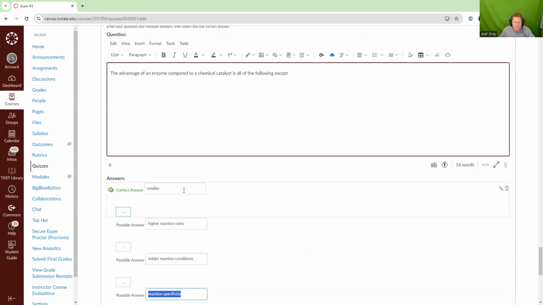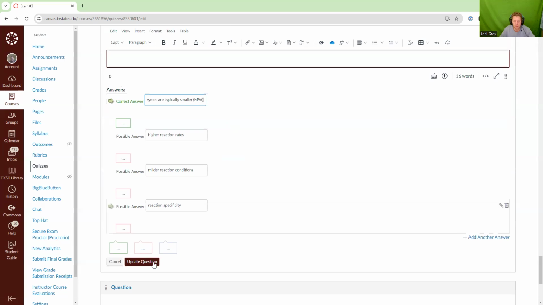Now, I'm going to make a modification to this. Enzymes are typically smaller, and I'm going to put in parentheses, for one additional layer of clarity, molecular weight.